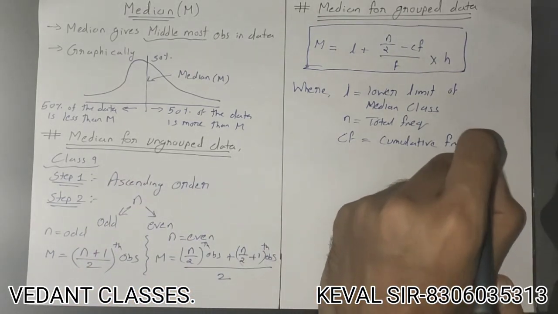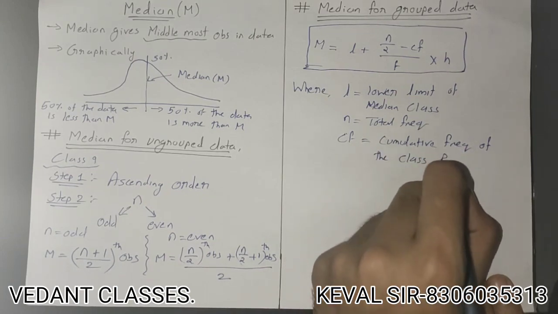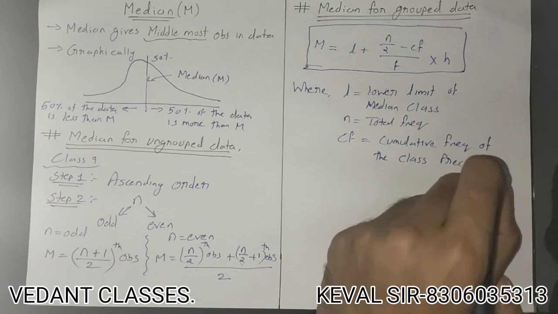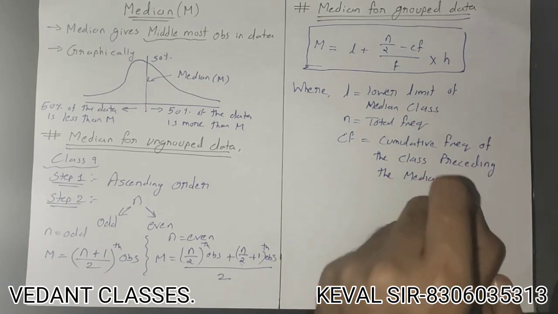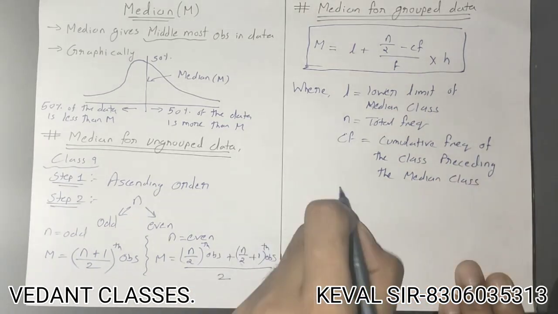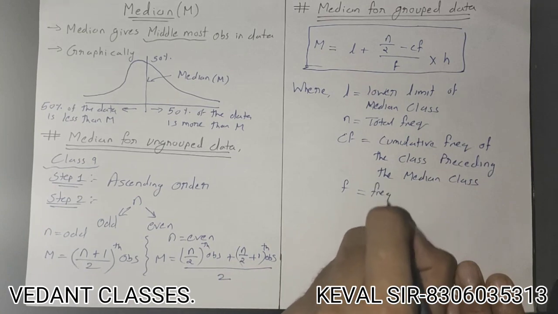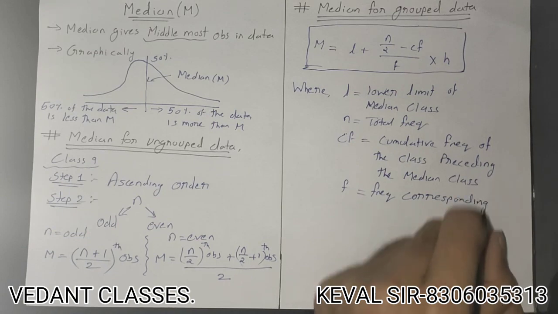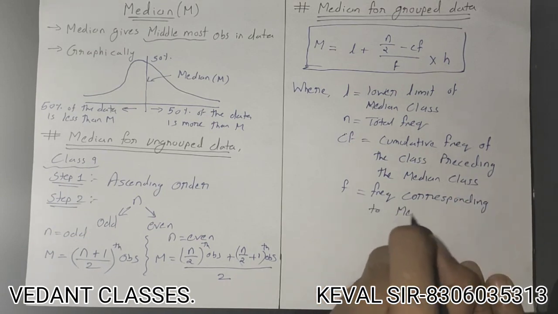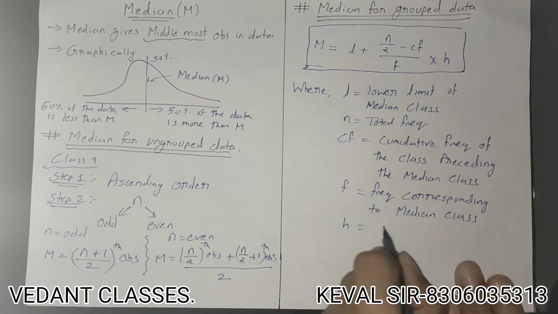It is the cumulative frequency of the class preceding the median class. Then f is the frequency corresponding to the median class, and h is the class length, or you can say class size.